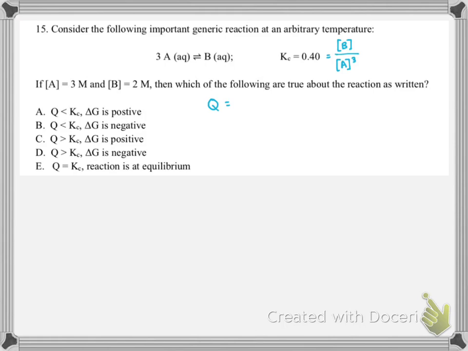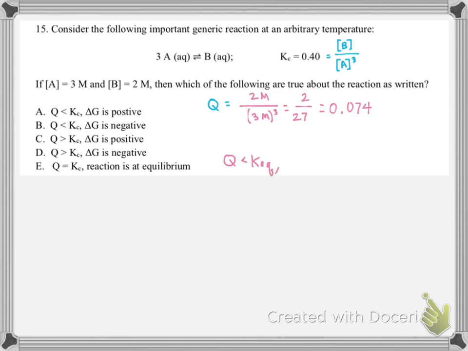And so here we can calculate Q by just plugging those numbers into the same expression that we would use for K. So we'll have 2 molar divided by 3 molar cubed, which is 2/27, also known as 0.074. So we can see that our Q is less than our Keq.